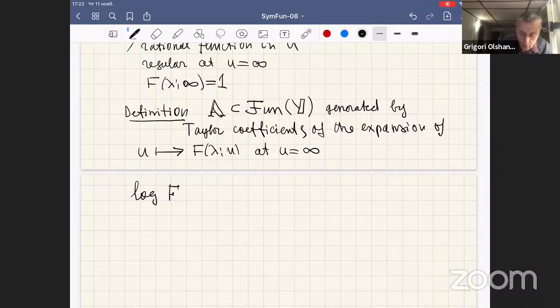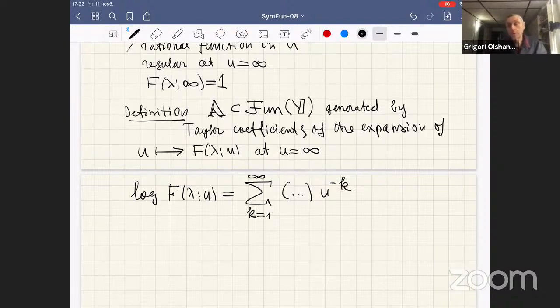So what we want is to write this as a sum of some coefficients. This is a formal power series in the inverse powers of u, because we want to deal with u equal to infinity.